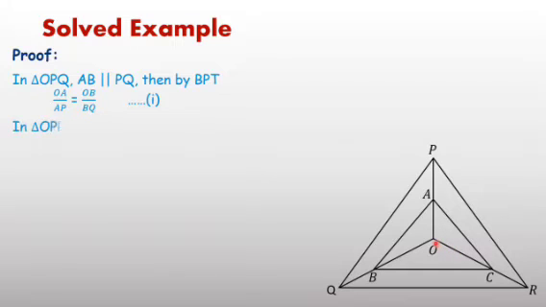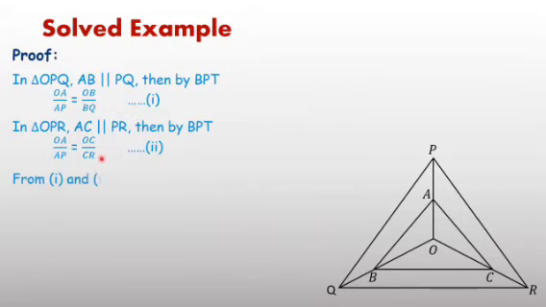Similarly, in triangle OPR, AC is parallel to PR, therefore again apply BPT, and the result you will get is OA upon AP equal to OC upon CR. In equations first and second, you can observe the LHS is the same. Equate. The result you will get from first and second is OB upon BQ equal to OC upon CR.